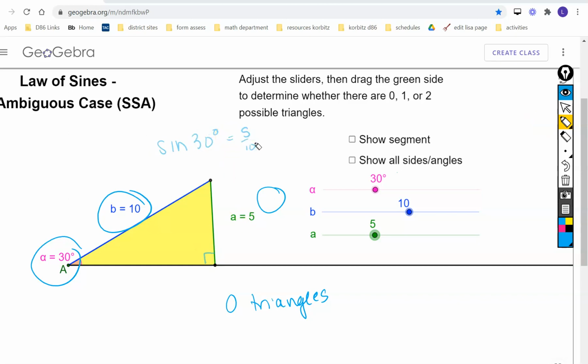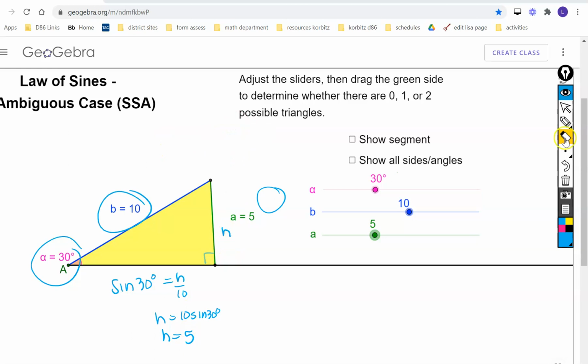So that's why I picked that, because I wanted to show you how this happens. So I know that this is a right triangle. And maybe the way I wrote that was a little confusing, but like I said, let's say we don't know this is 5 and I call this h. The sine of 30 is opposite over hypotenuse, so we would know that the height has to be 5. So that's how I'm convinced that this is a right triangle right now.